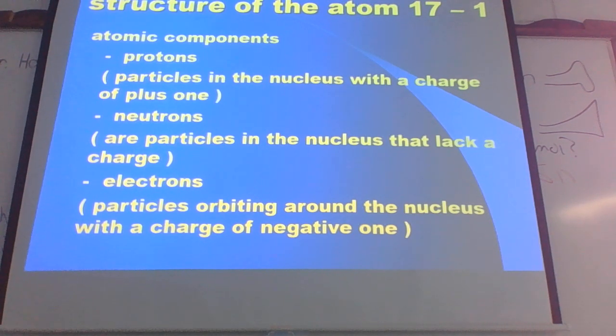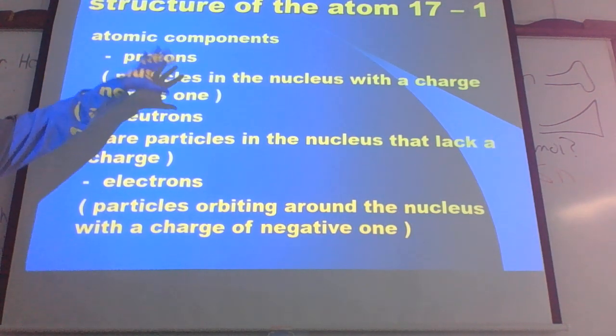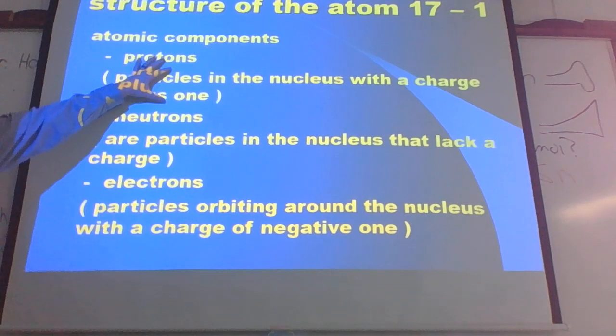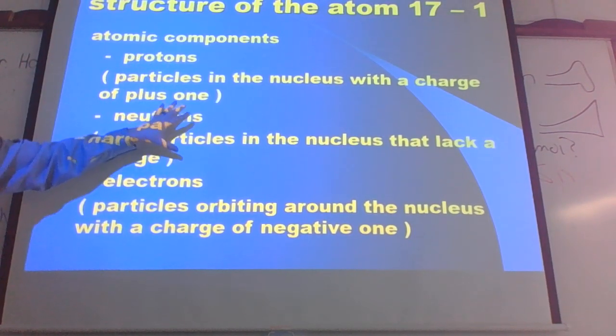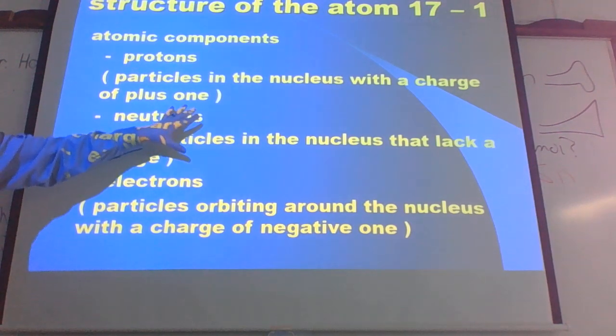Okay. So tellurium. Why did we say 52? Because it's the atomic number. So with any element, tellurium, it's always going to have the same number of protons. The neutrons can vary, we'll get into that at a later time.